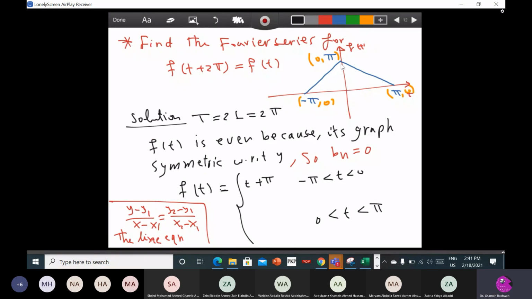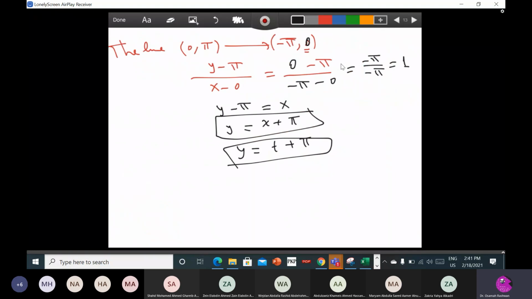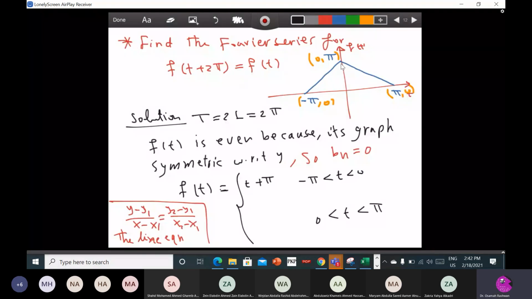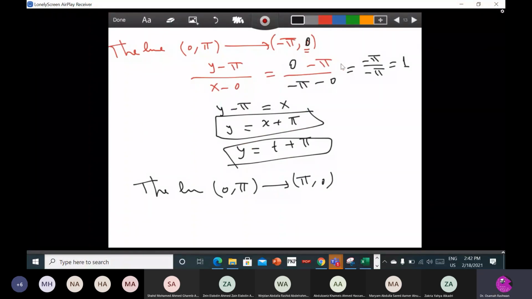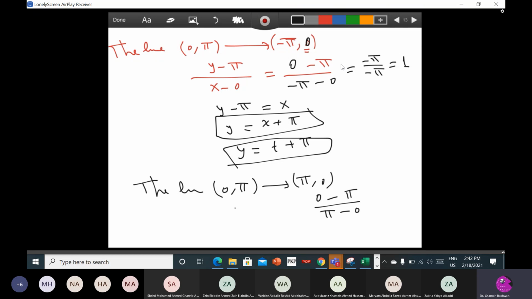What is the other one? I can go through the line passing through 0 and pi to the line pi and 0. The second part here, right? From here to here. I'm just applying this equation again. So y2 minus y1. I'll take y2, this one or that one, it doesn't matter. So I start with y2 is 0 minus y1 is pi over x2 is pi, x1 is 0.